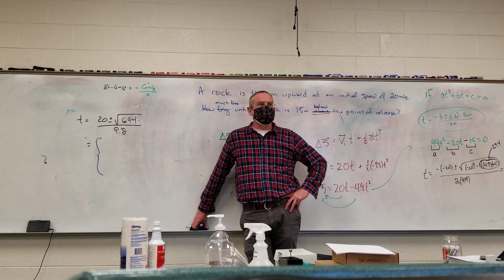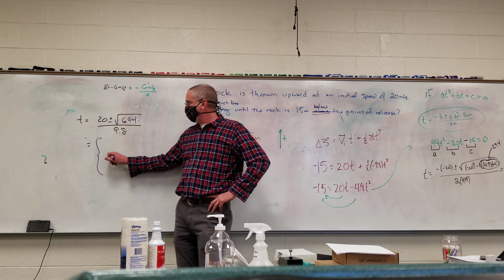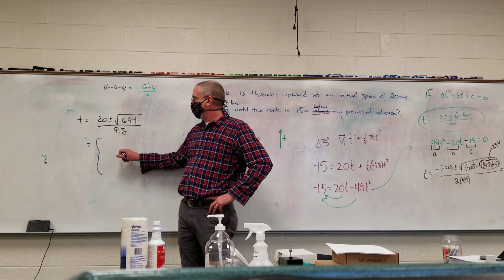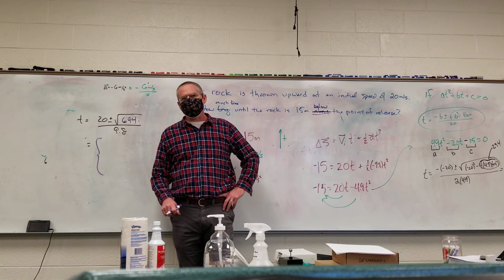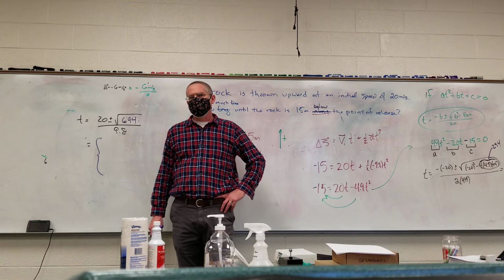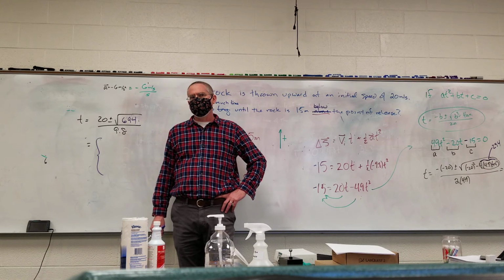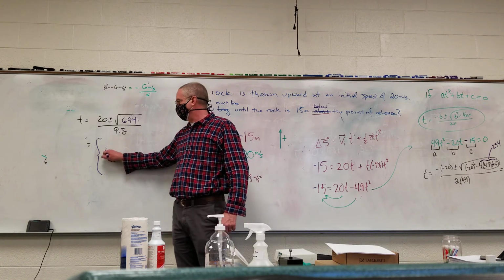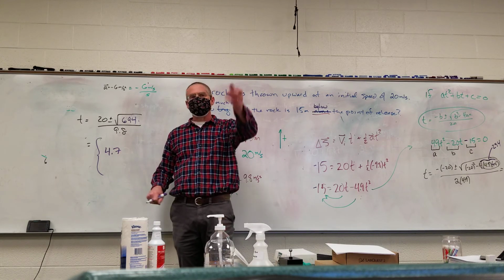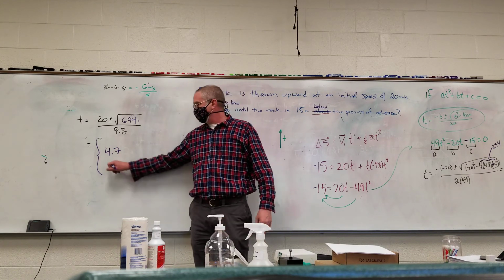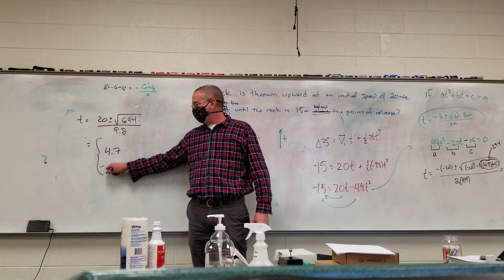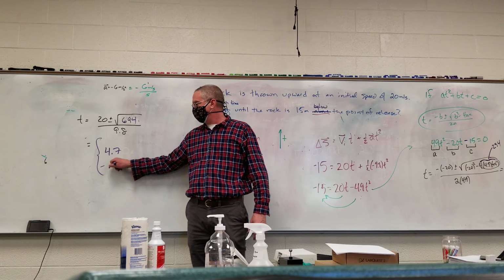That changes it to 20 plus 4.7. Alright, so how are you getting 20 plus 4.7? Oh, I got it, 4.7, sorry, I misunderstood when you were talking last time. And negative 0.64.